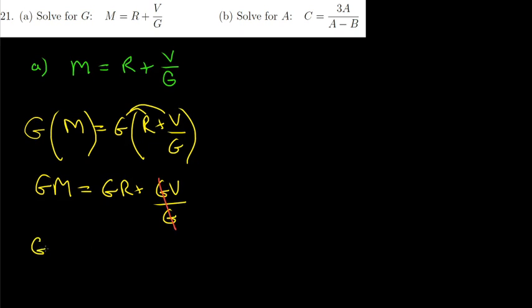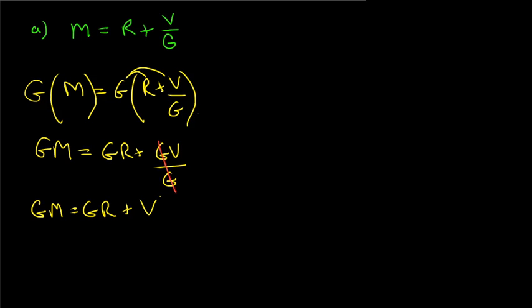So what do I have now? I have gm equals gr plus v. And we're looking for g, so I would get all the g's on the same side. How about if I subtract gr from both sides? Right. So on the left we get gm minus gr, and that's still equal to 0 plus v.